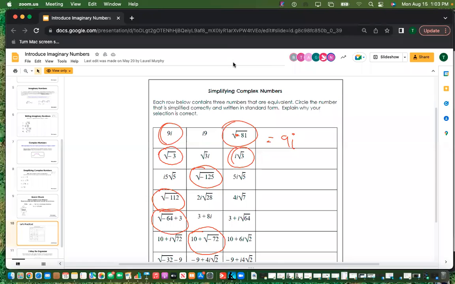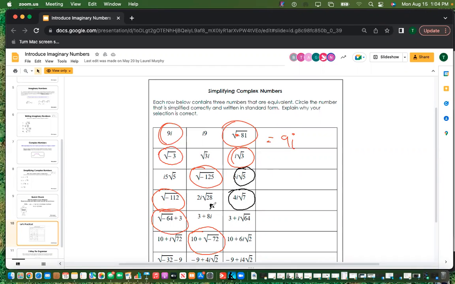All right, so just for the sake of time, I feel like we can go through it together. This is the question, right? If I simplify this, that would give me 5i square root of 5. Again, this is the question over here. If I simplified this, this would give me 4i square root of 7.